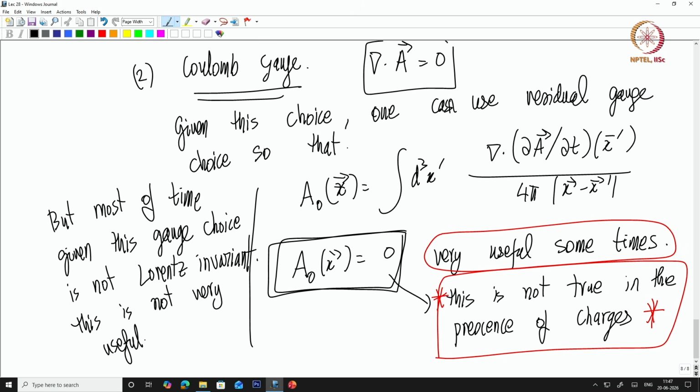So, it is not a very useful choice, but it has some advantages.